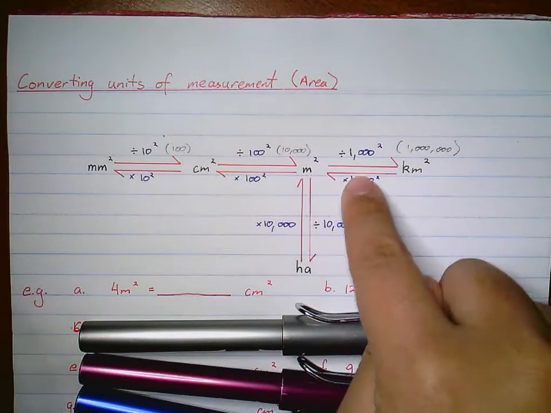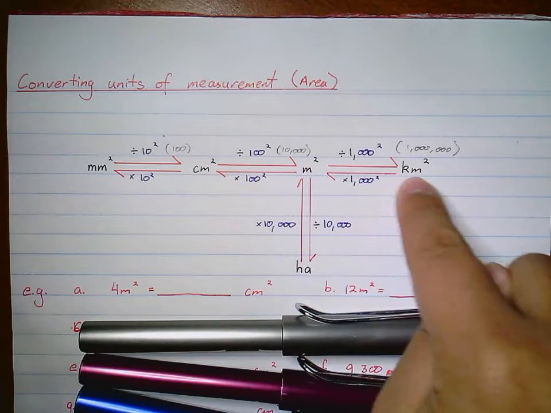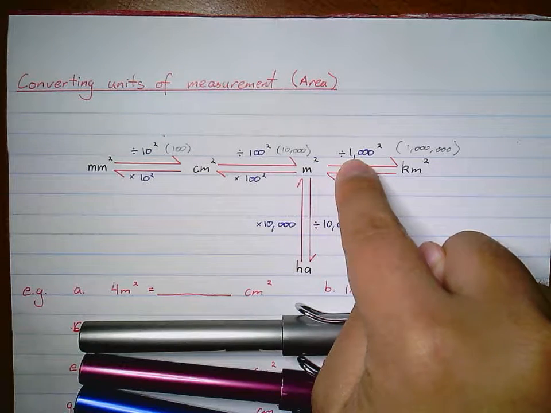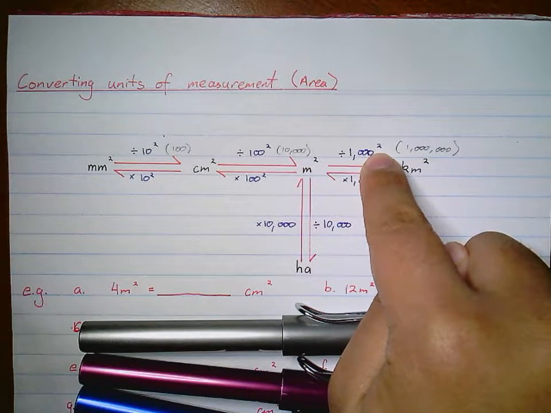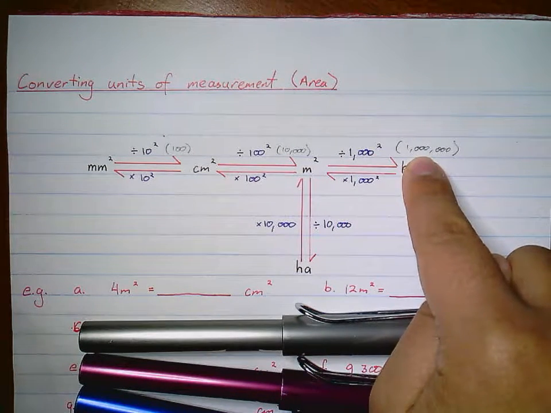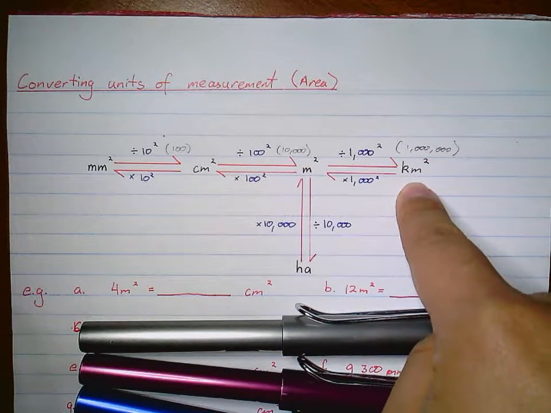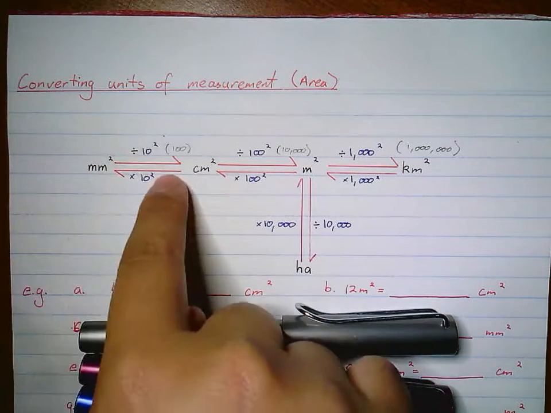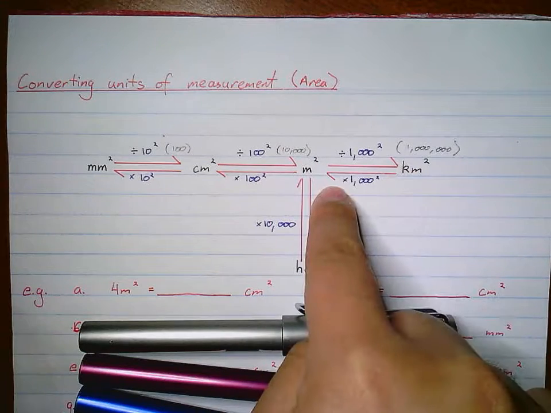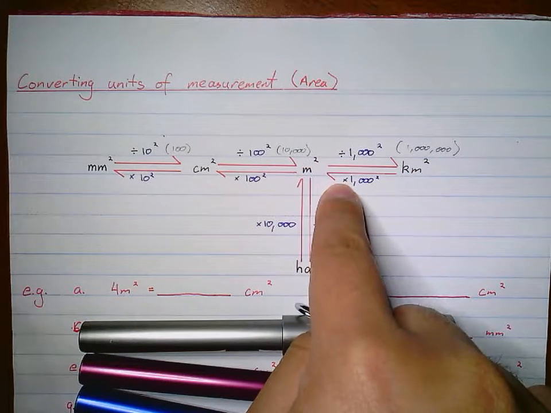And finally, going from meter squared to kilometer squared, we divide by 1,000 squared. 1,000 squared is actually 1 million. And going from large to small, it's the same number, except instead of division, it's multiplication.